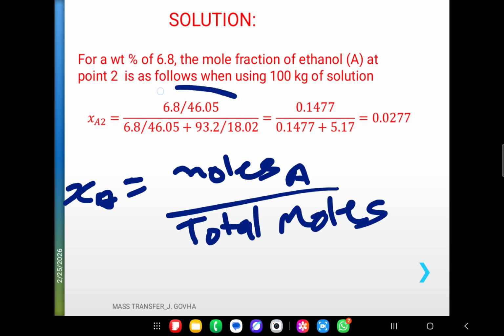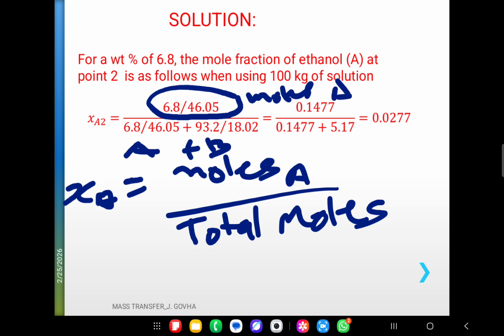So you'd find that this value is giving us the moles of A. Then this is moles A plus moles B, as indicated there. Remember, why are we saying moles? Because the mass over the molecular mass gives us the moles.